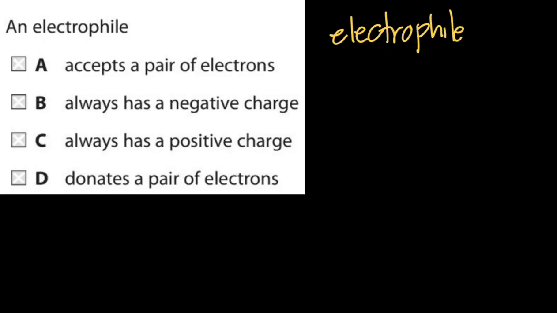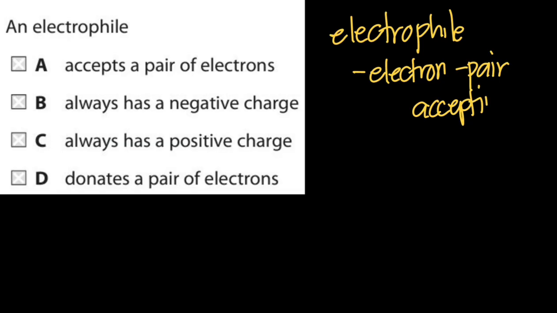An electrophile is a species that is electron pair accepting. So it is often positively charged or has a partially positive region. And this one is attracted to regions of high electron density, such as double bonds or lone pairs.